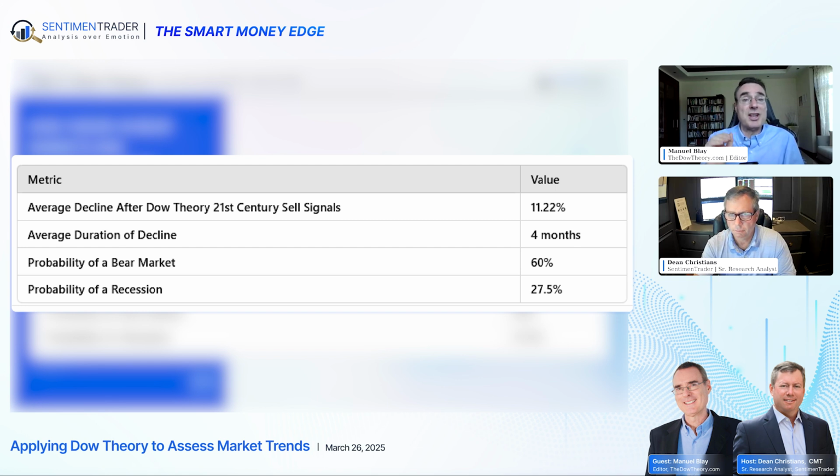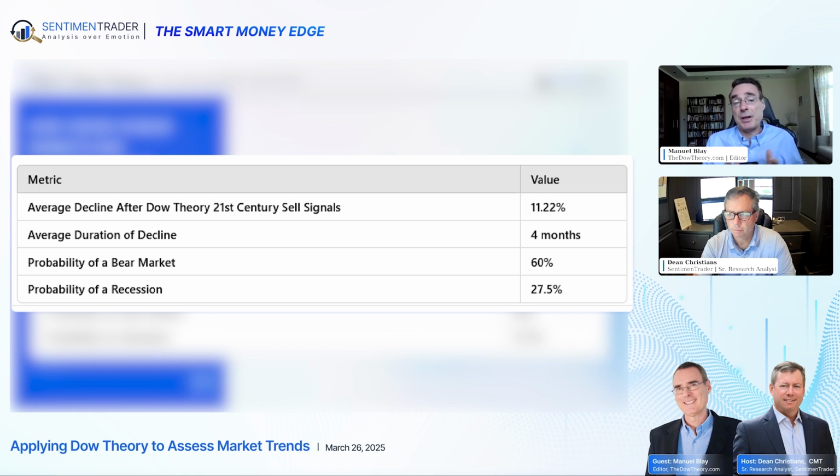So this is a larger than average probability to get a bear market. So once you get a Dow Theory sell signal, which happens on average, as you can see on the slide, 22% above the onset of the subsequent drop, 60% of the time, it is followed by a bear market.